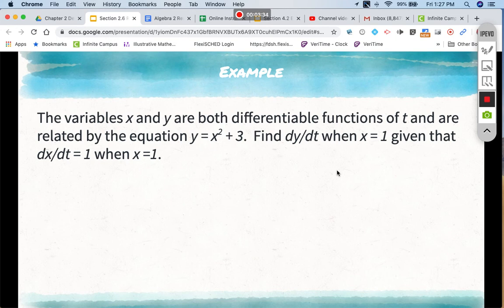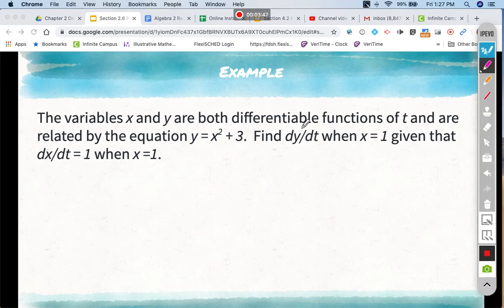So let's actually see what this is going to look like. We have x and y, and y equals x squared plus 3. I want to find dy/dt. I know x when x equals 1, and I know dx/dt when x equals 1.